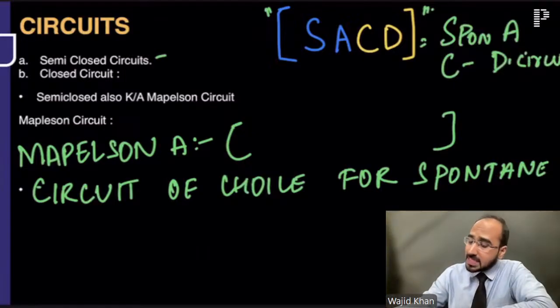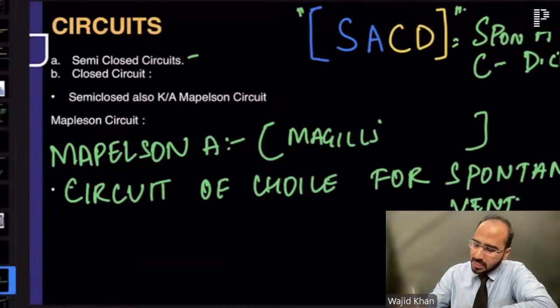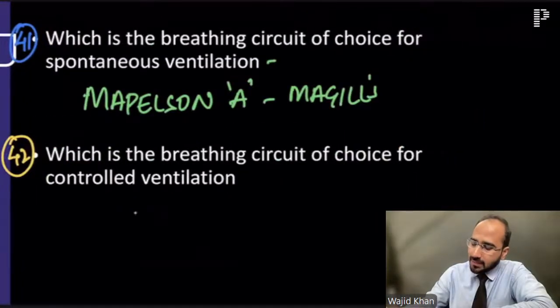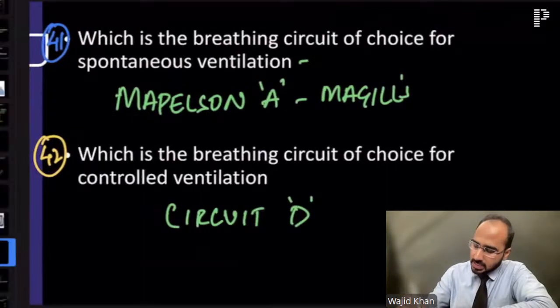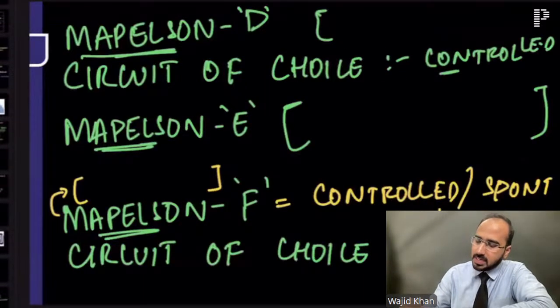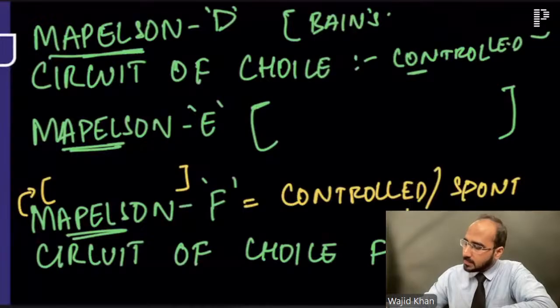Okay, Mapleson A circuit is called as Magill circuit, which is a circuit of choice for spontaneous ventilation. And when he's asking about controlled ventilation, then it is circuit D, which is called as Bain circuit. Mapleson D circuit is also called as Bain circuit, which is the circuit of choice for controlled ventilation.